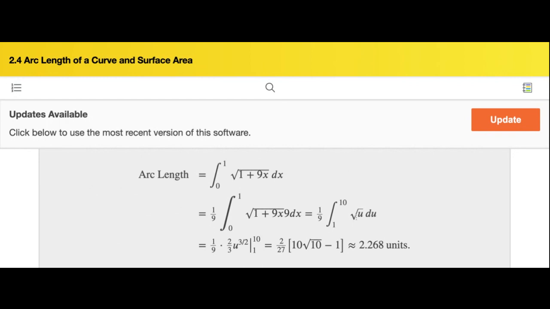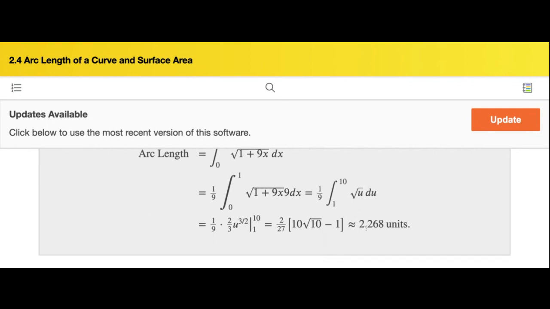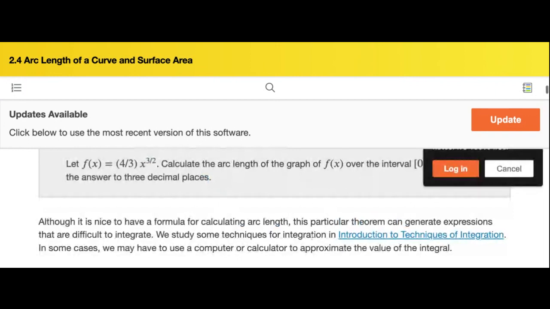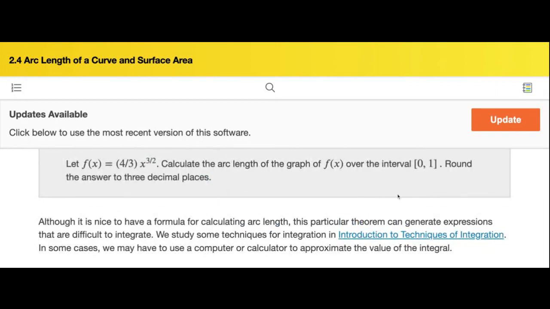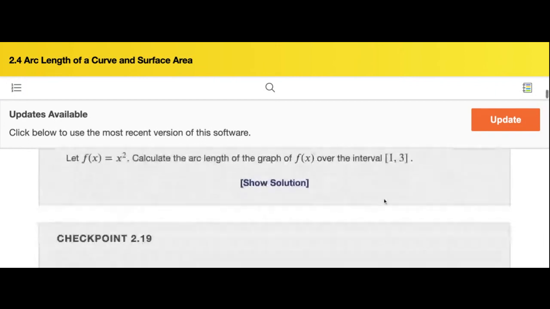Now the square root of u. So we anti-differentiate with the power rule. Then we just do the calculation. Okay, the book estimates into decimals, so we normally don't like to do that. Just keep the square root form, keep square root 10, because that's the exact answer.